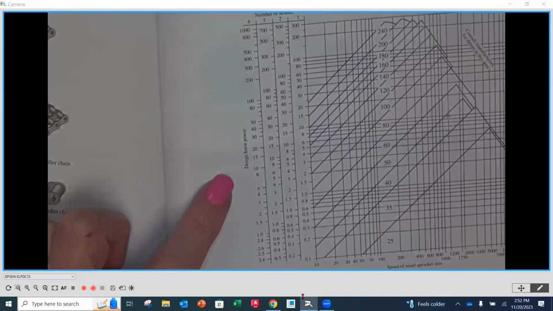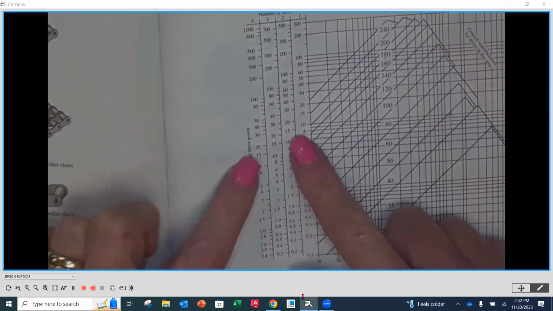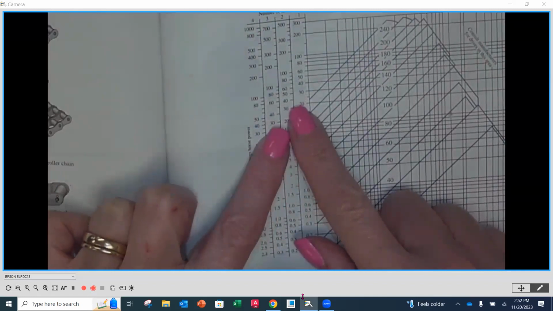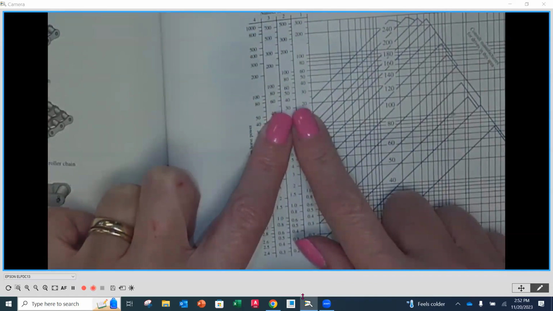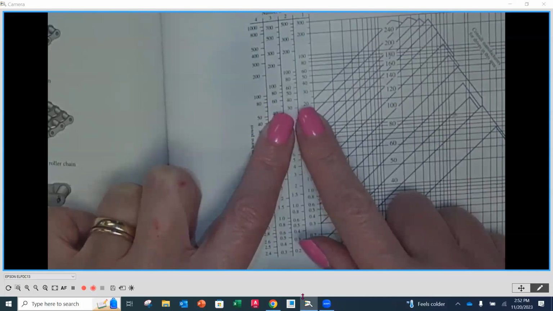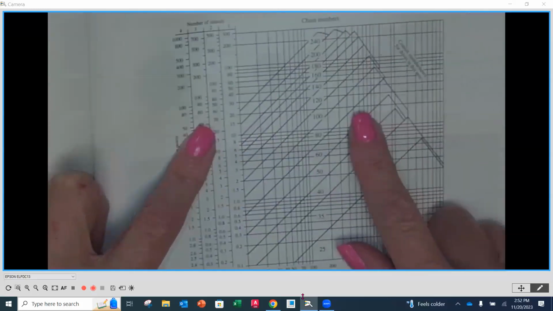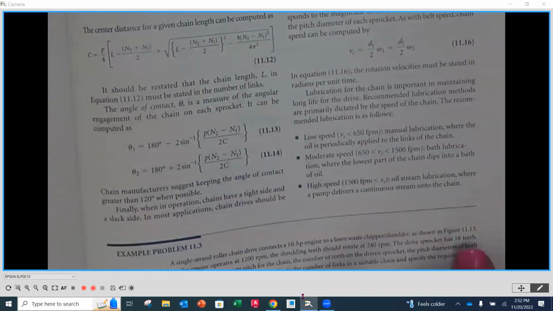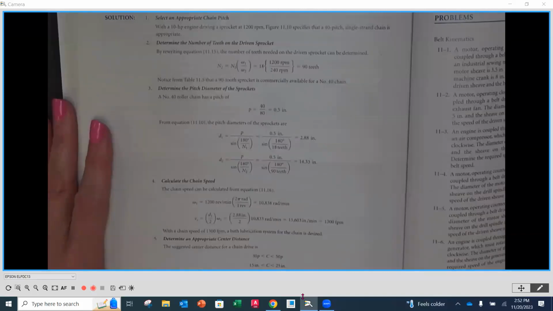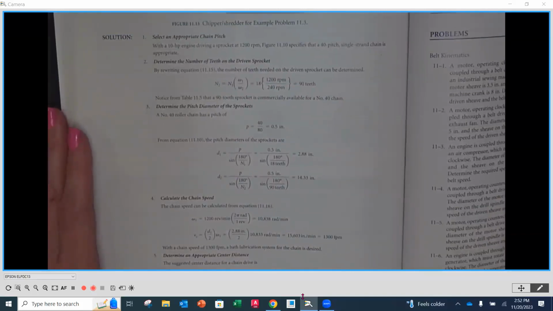We'll probably be going up on our scale to a design horsepower that's higher than the horsepower coming off of the engine, and we're going to end up with a larger number anyway. I always think it's good to err on being conservative, but they're going with 40. We'll stick with the book for right now. I don't know if I'm going to feel good about it, but we'll go with it.